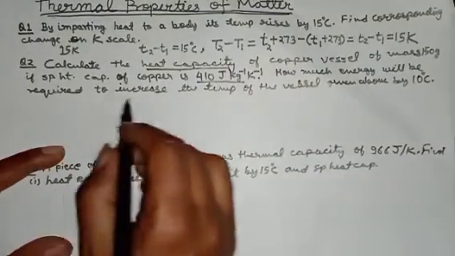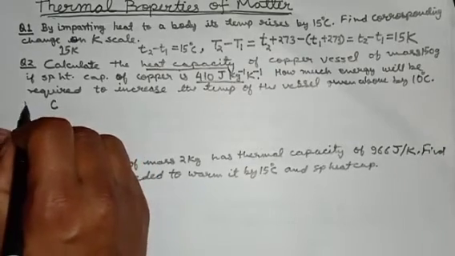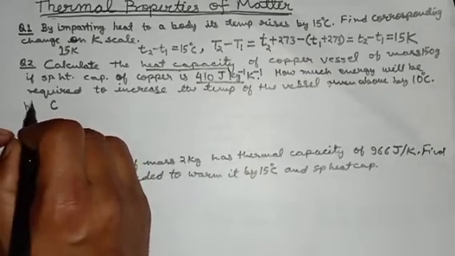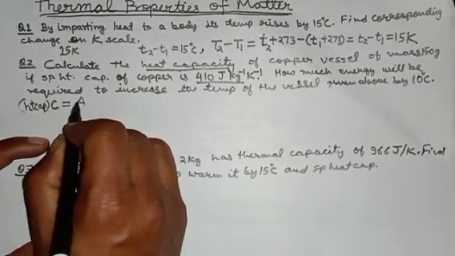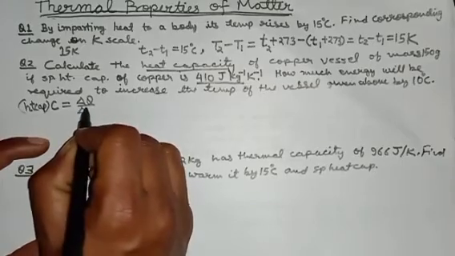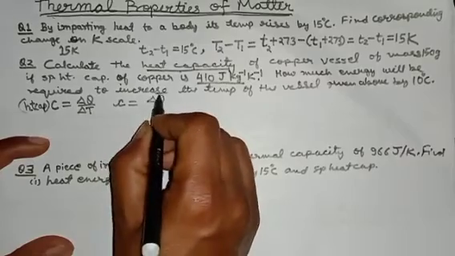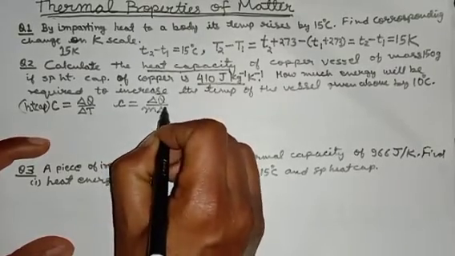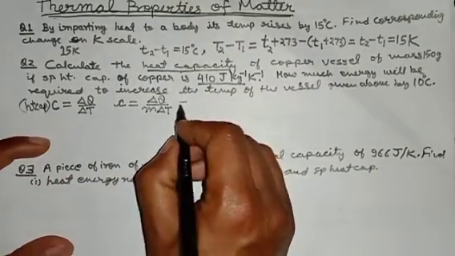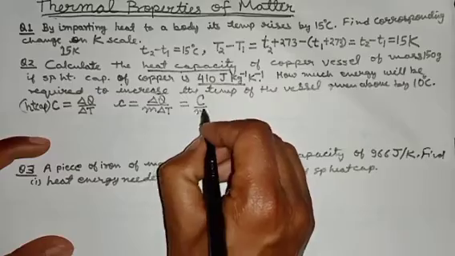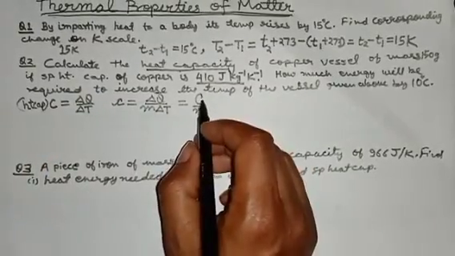Capital C, heat capacity, is equal to delta Q by delta T, and specific heat capacity is delta Q by M delta T. So if we replace this value, we get c equals C by M. This is the relation between specific heat capacity and heat capacity.